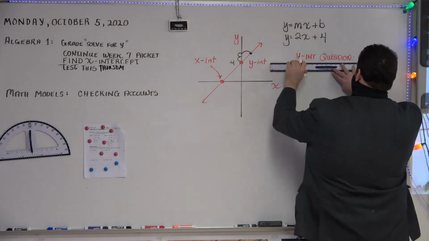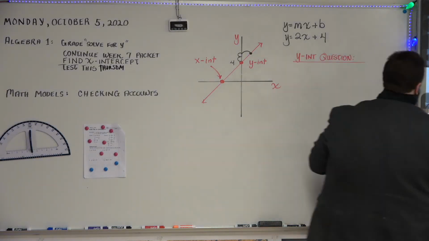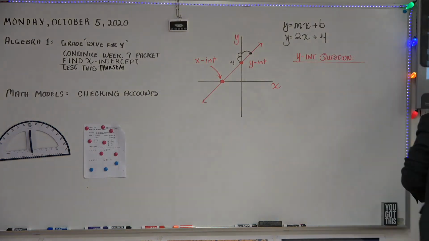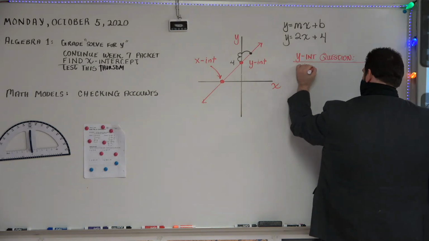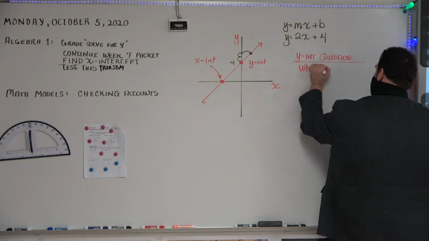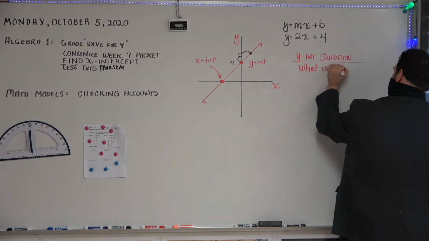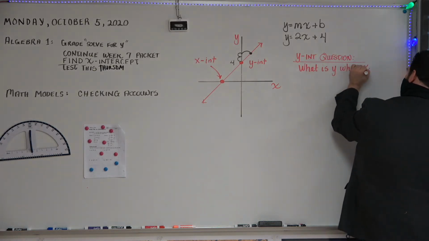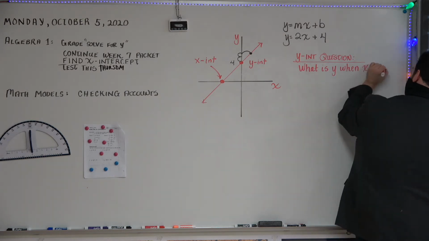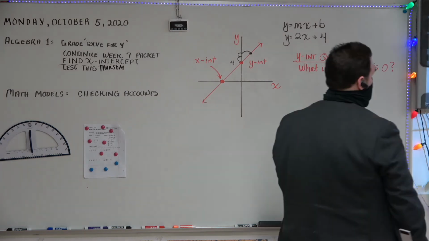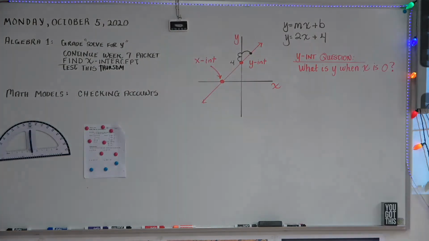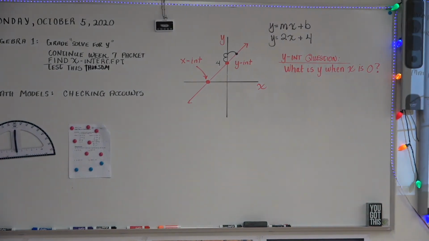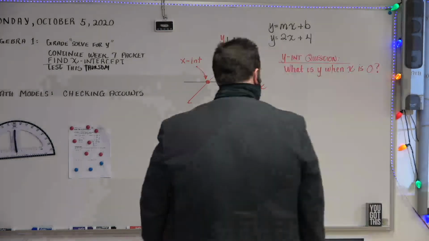This is the big question about y-intercept: what is y when x is 0? I'm just saying that is the question you are trying to answer whenever you're looking at the y-intercept.